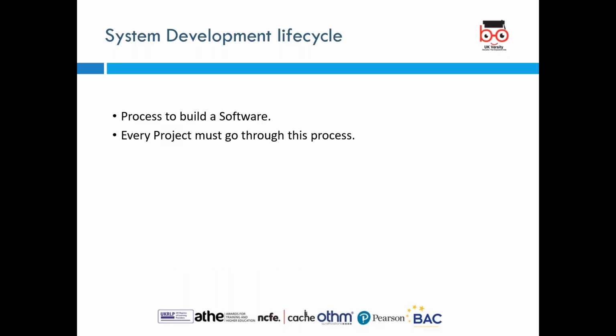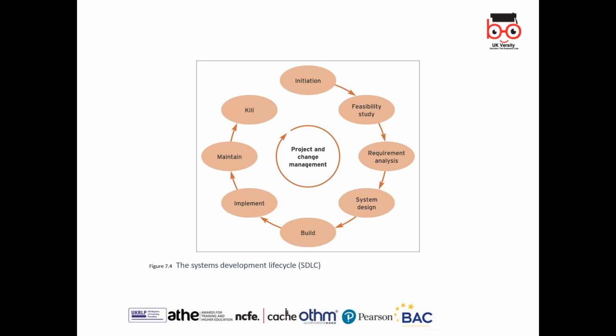As already mentioned, the SDLC process is used to build the software, and every project has to integrate these steps. From this image, we can now see how this works. We have the initiation phase, feasibility study, requirements analysis, system design, build, implementation, maintaining, and kill.